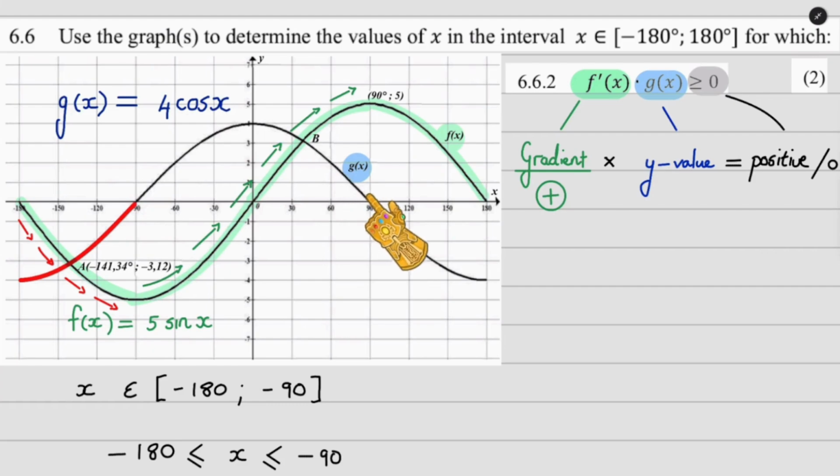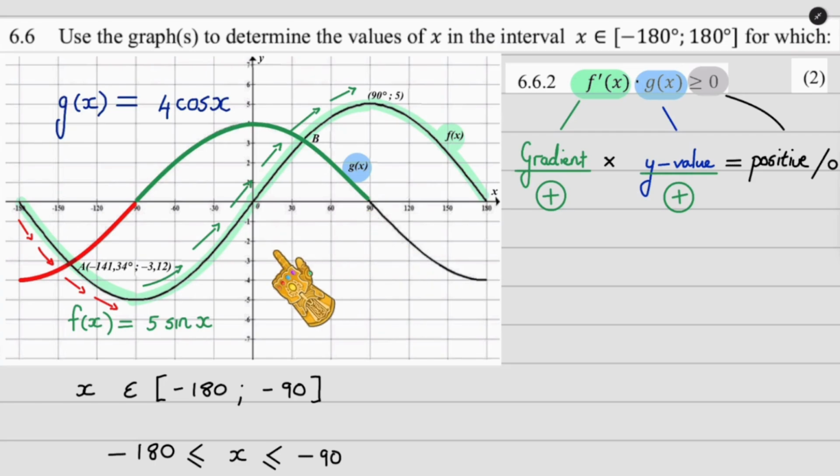So from negative 90 to 90, it has a positive y value, which means that I'm getting a positive times a positive, which will give me a positive. I've got a positive y value for g of x and a positive gradient for f dash of x. So from negative 90 to 90 it's working.